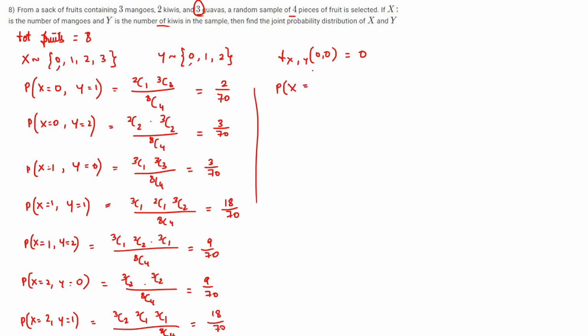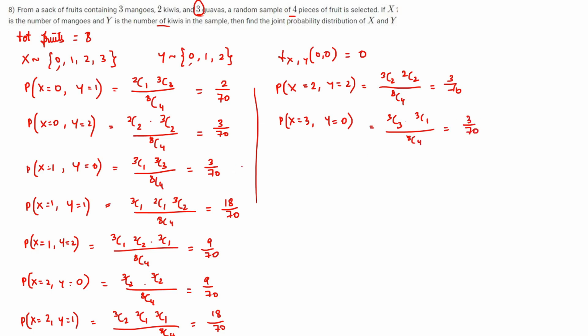Now P of X equal to 2 and Y equal to 2 is nothing but 3C2 into 2C2 divided by 8C4, and that is nothing but 3 by 70. Right, so P of X equal to 3 comma Y equal to 0, that is nothing but 3C3 into no kiwis, so 3C1, divided by 8C4, which is equal to again 3 by 70.